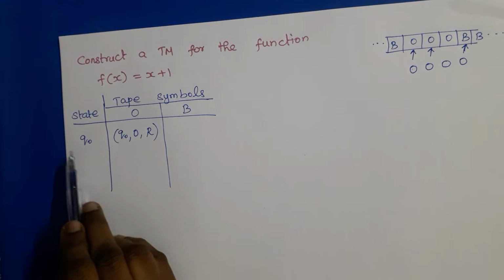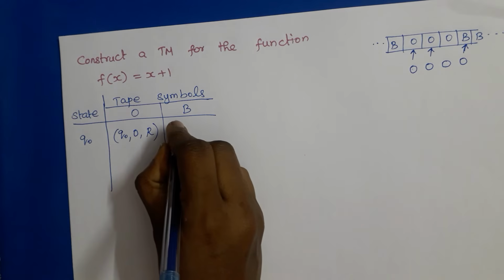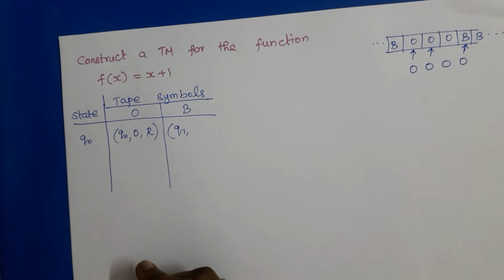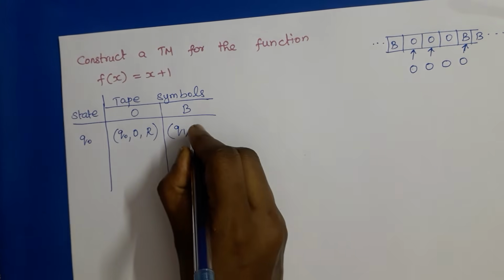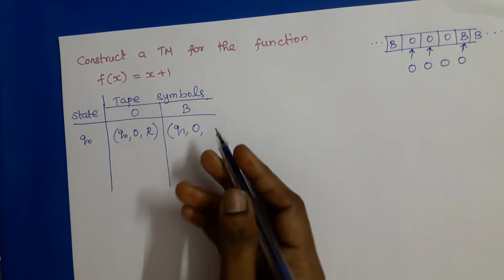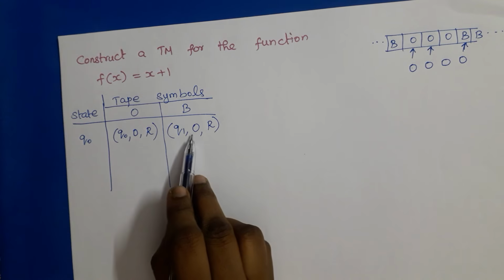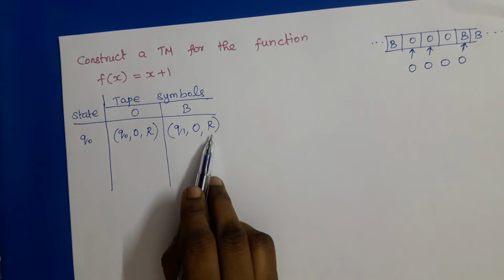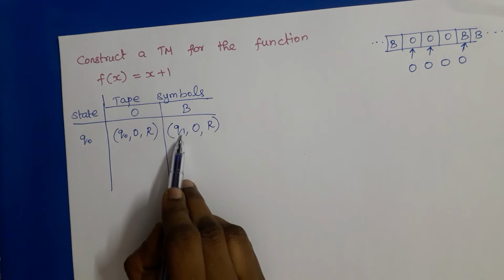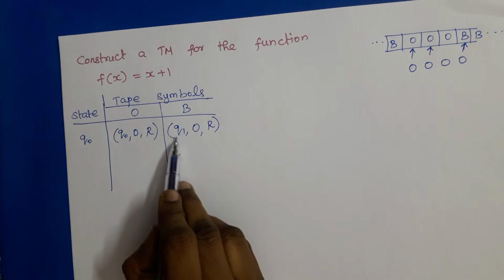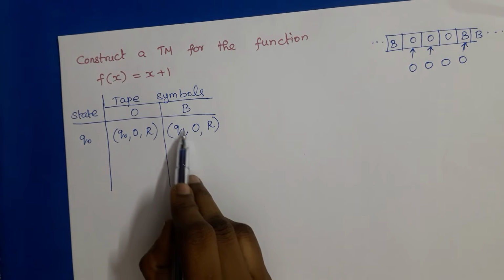So in state Q naught, if blank is the next symbol, then we need to change our state to the next state Q1. Then blank must be replaced by 0. Move is either left or right move because our aim is to replace one blank symbol by 0. And here definitely we need to change our state to the next state, because if you don't change the state, then Q naught blank becomes Q naught.